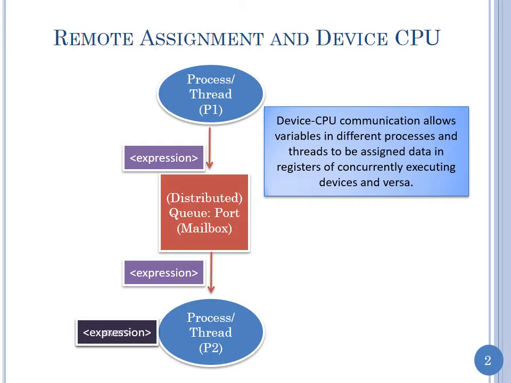We have some variables in the process, and those variables can be assigned data in device registers, or the reverse can happen. Data in the process can be assigned to device registers, which are essentially variables in the device. And you have two parties involved.